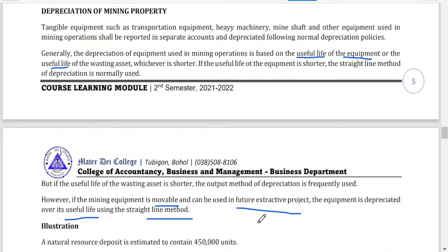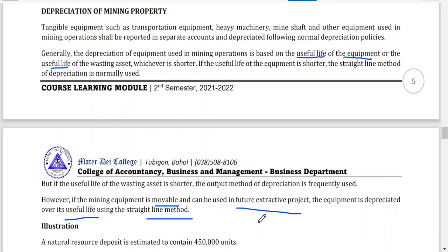Okay, so 3 versus 5. So you're going to depreciate the tangible equipment, of course, sa life sa tangible equipment, because it will no longer be operational, or it might no longer be used or functional by the end of 5 years, which is the life of the wasting asset.